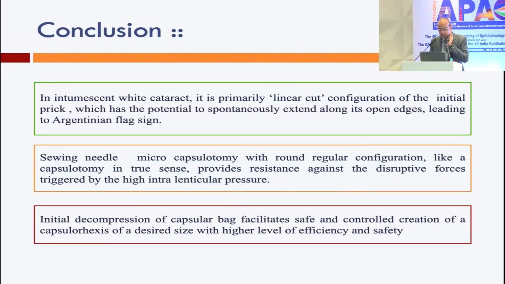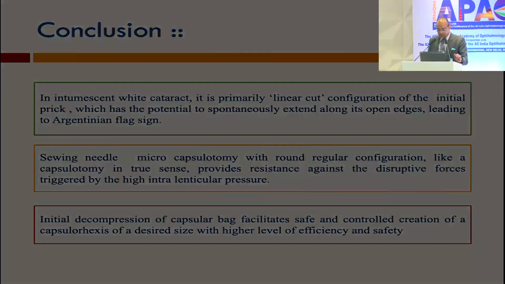In conclusion, in intumescent white cataract, it is primarily the linear cut configuration that is responsible for spontaneously extending along its open edges, leading to the Argentinian flag sign, whereas the sieving needle microcapsulotomy with a round regular configuration, a capsulotomy in the true sense, provides resistance against the disruptive forces triggered by the high intralenticular pressure. The initial decompression of the capsular bag facilitates safe and controlled creation of a capsular rhexis of the desired size with a higher level of efficiency and safety. Thank you so very much.